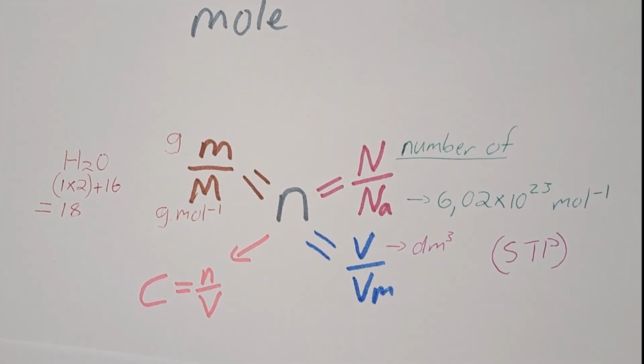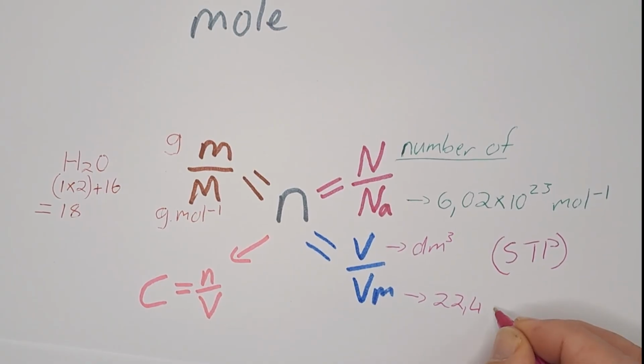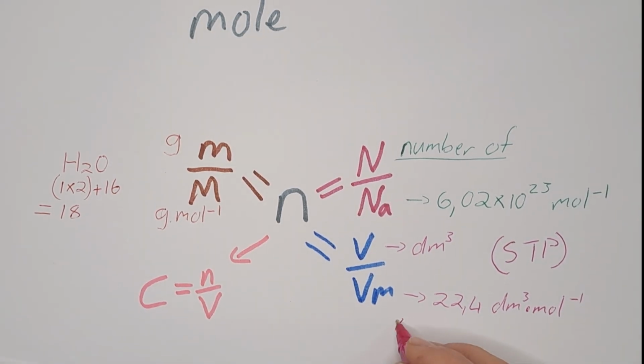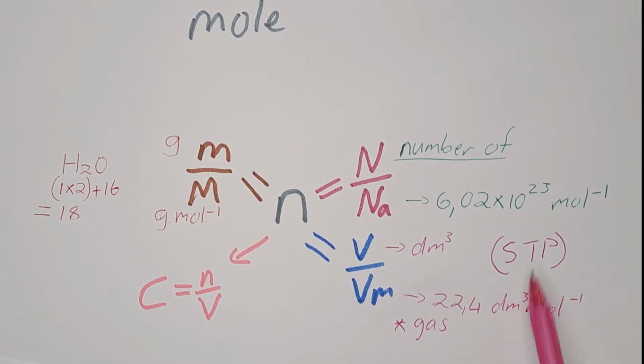And then molar volume is a constant on your formula sheet, which is then going to be 22,4 cubic decimeters per mole. Remember your negative 1. And this is when we are dealing with a gas. STP, a gas, constant, and we can calculate mole equals volume over molar volume.